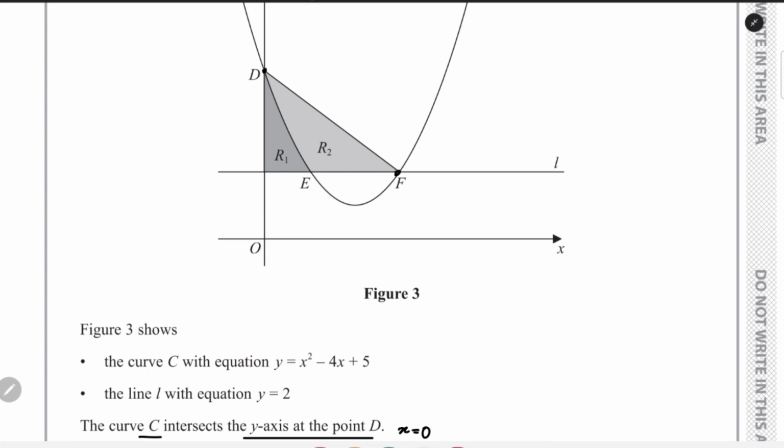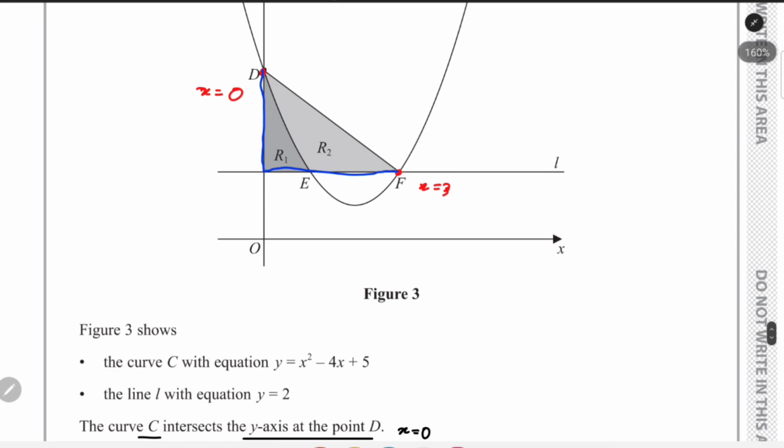The simpler way, according to me, would be to find the area of this whole triangle over here, and then we can subtract area R1.